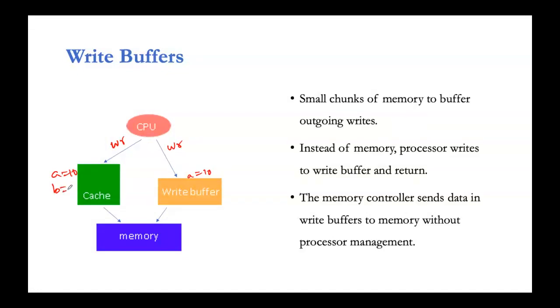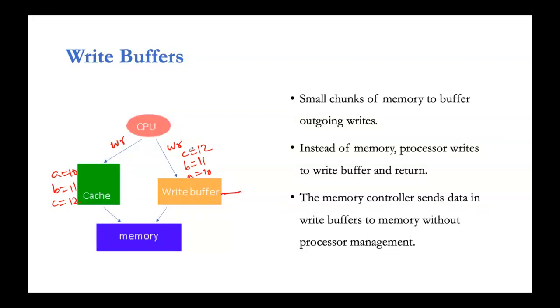It performs other operations and writes B equal to 11, and takes control. Then suppose it writes C equal to 12; C equal to 12 will be written in this write buffer. So what happens after that?